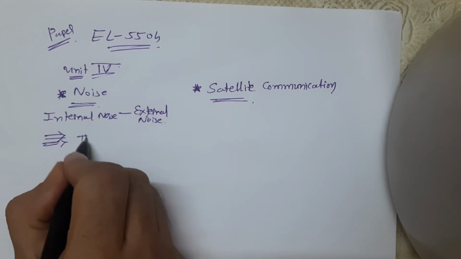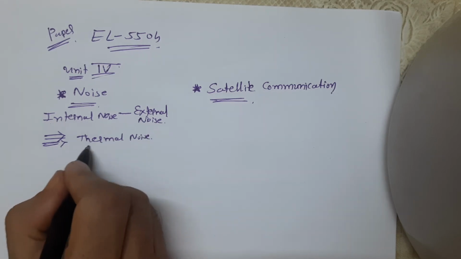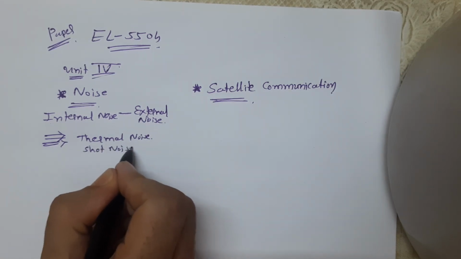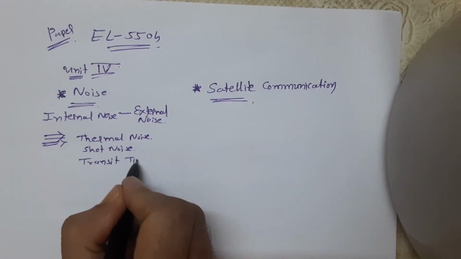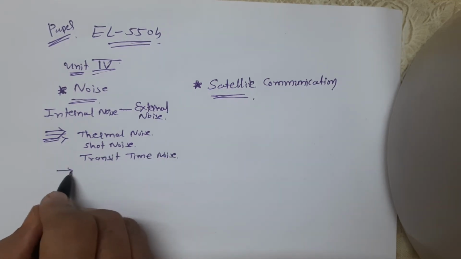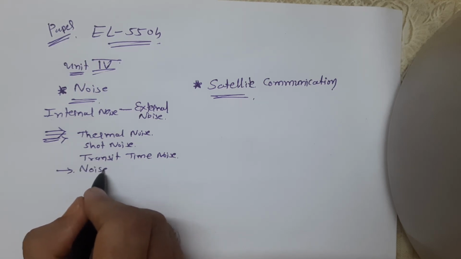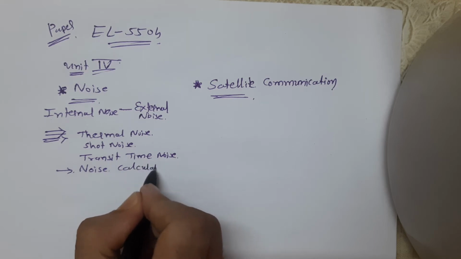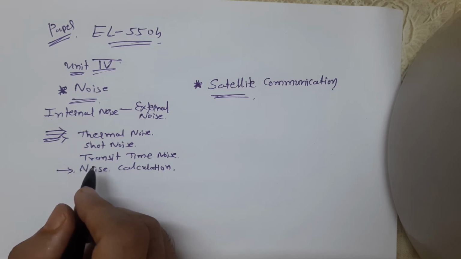They are known as thermal noise, shot noise, transit time noise. Again we discuss noise calculation, how to calculate the noise. Again, there is an addition of noise due to several sources that we will discuss.